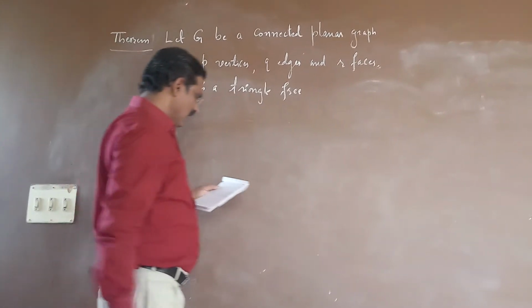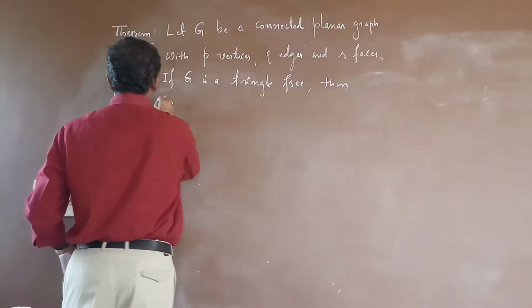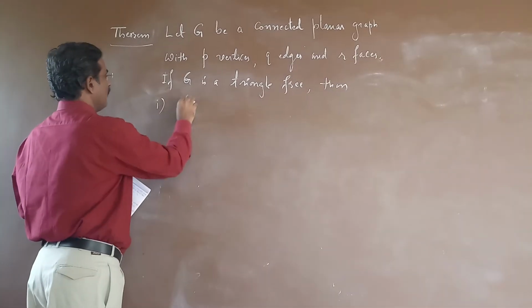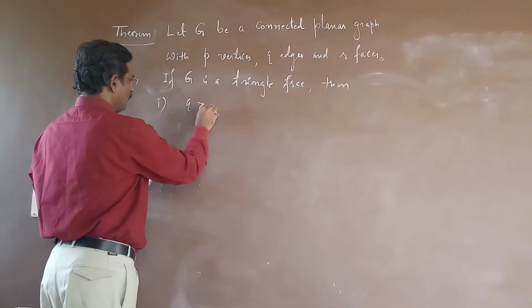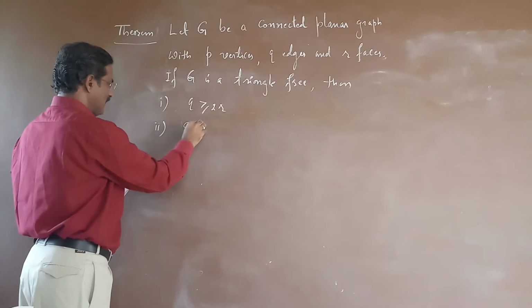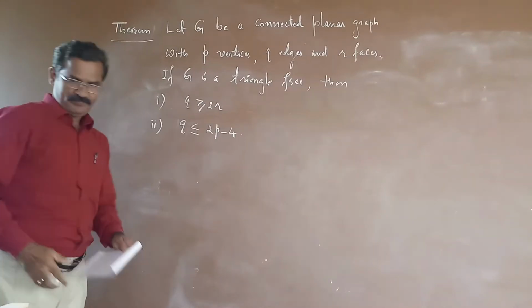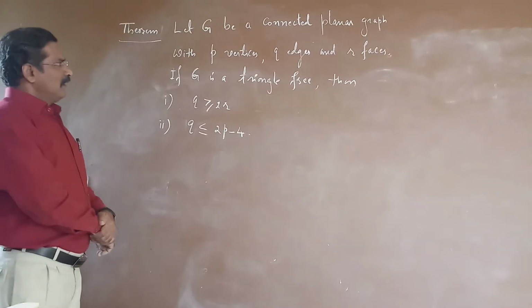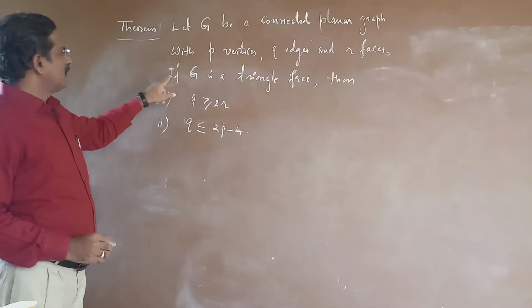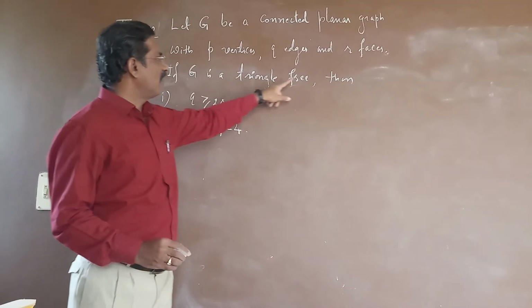So if G is triangle free, then we need to show the first result, Q is greater than or equal to 2R, and the second one, Q is less than or equal to 2P minus 4. Now the only difference is the extra sentence: if G is triangle free.